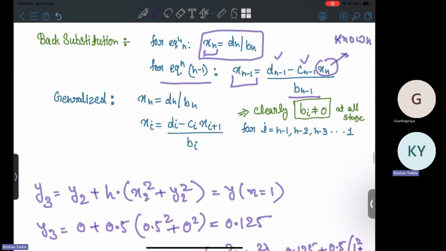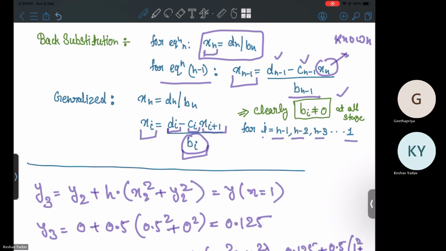Similarly, in generalized format, I can write xi equal to di minus ci xi plus 1 divided by bi, where i goes from n minus 1, n minus 2, n minus 3 down to 1. This bi is coming into the denominator, which means it should not be equal to 0. Otherwise, this solution will not be feasible. Clear?